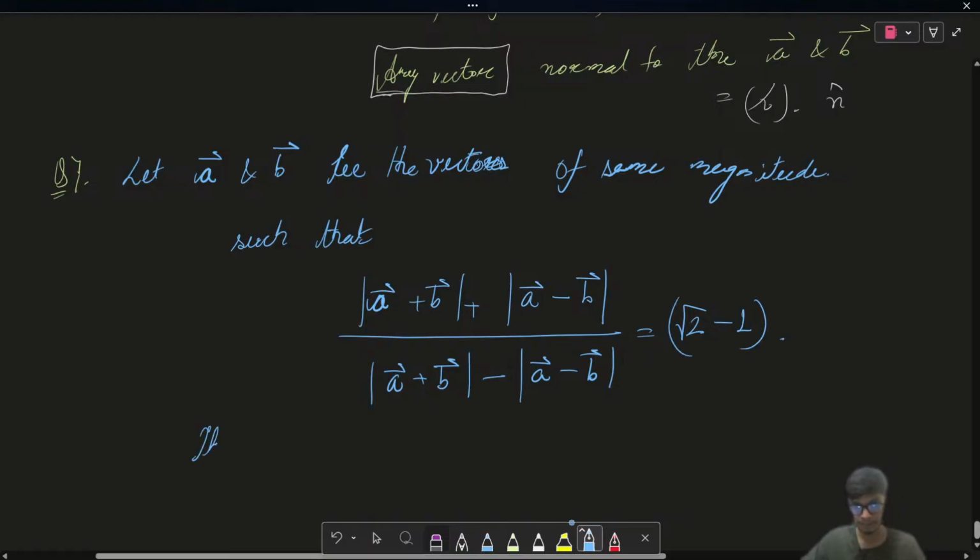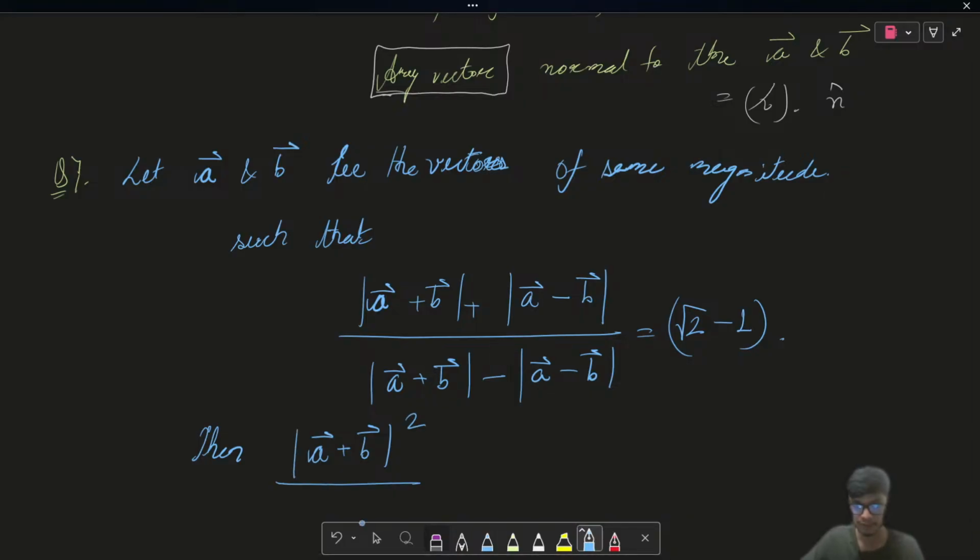Then you have to find the value of mod of a vector plus b vector, whole square, divided by mod of a vector square. What will be the result for this question?